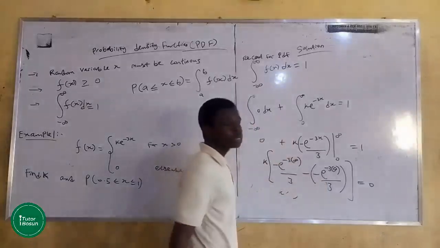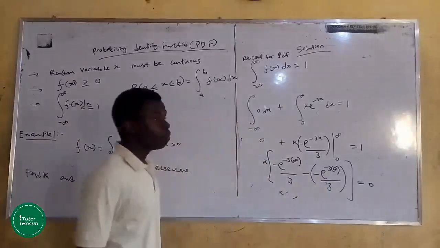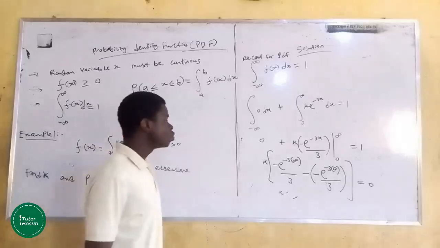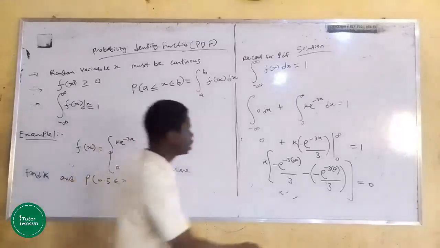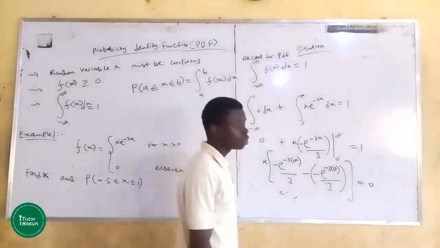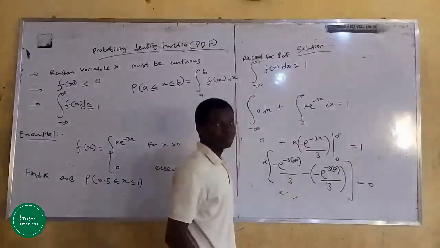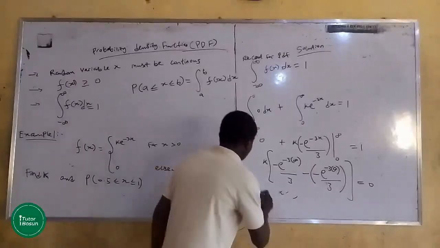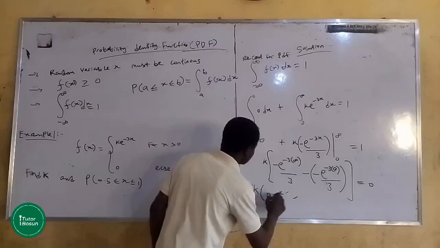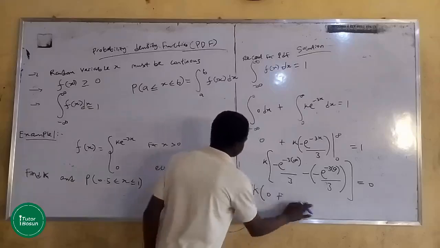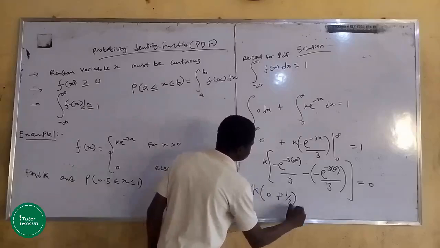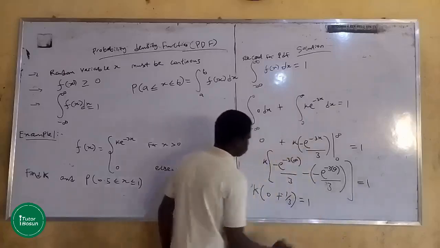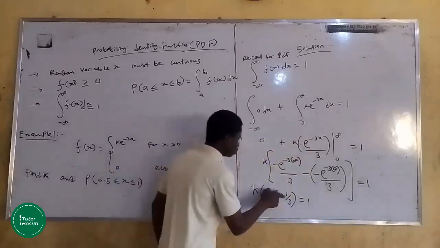Similarly here, minus 3 times 0 will give us 0, and anything raised to power 0 is going to give us 1. So everything here becomes minus 1 over 3. But we have minus here before, and minus times minus 1 over 3 will give us 1 over 3. So here we have k into 0 plus 1 over 3 equals, sorry, this is not equals 0, this equals 1.